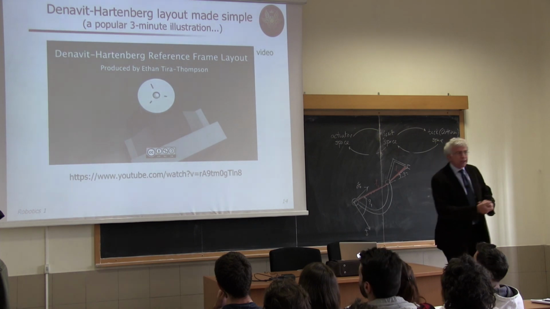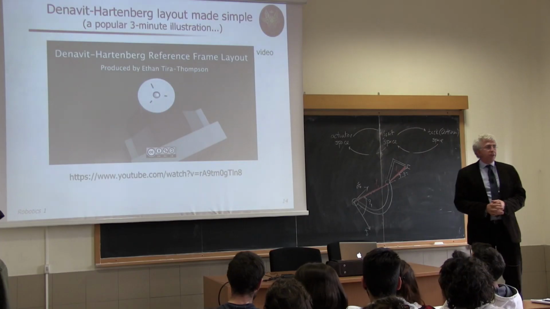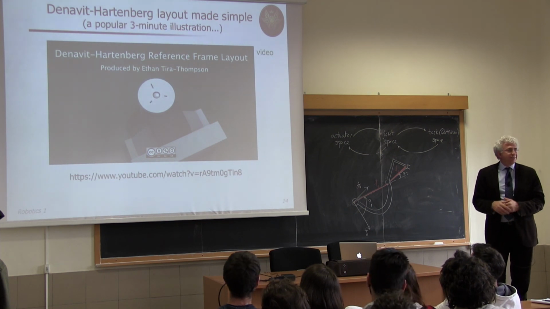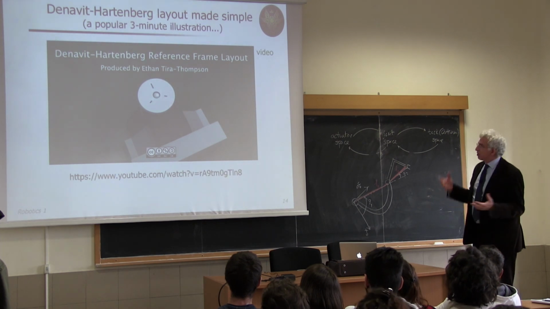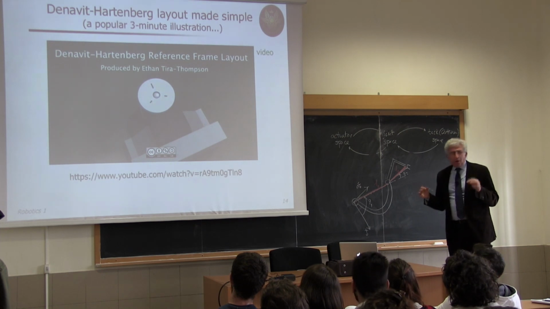And let's make a break, but before making a break, I show this video, which is very popular on YouTube, because all students in robotics worldwide have problems the first time they see this Denavit-Hartenberg notation. So this is a very simple case, almost perfect.